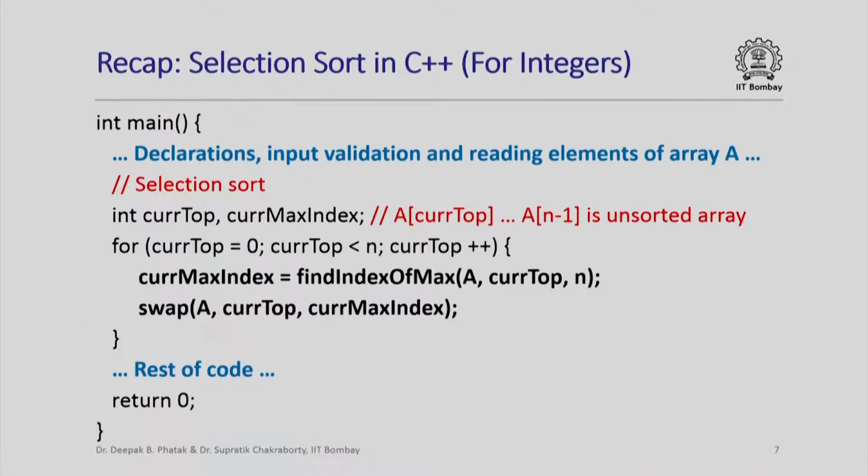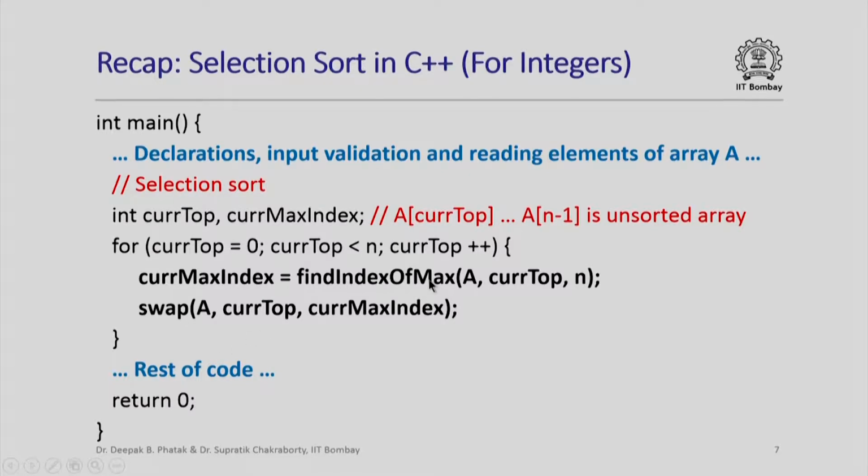And if you recall, this was the C++ code for doing selection sort for integers. We basically had a simple loop in which, at any point of time, current top through n minus 1 is the unsorted array, and the value of current top kept increasing from 0 through n minus 1. In each iteration of the loop we found the index of the maximum element.